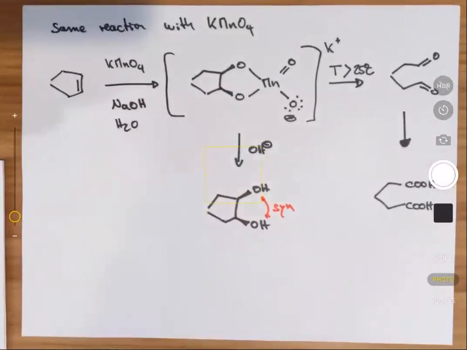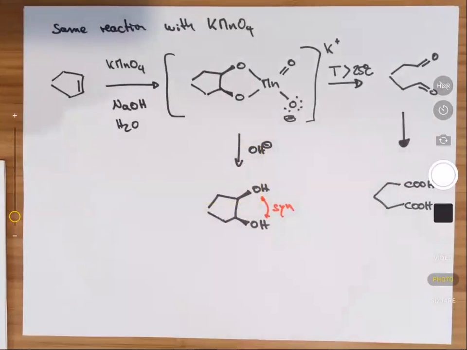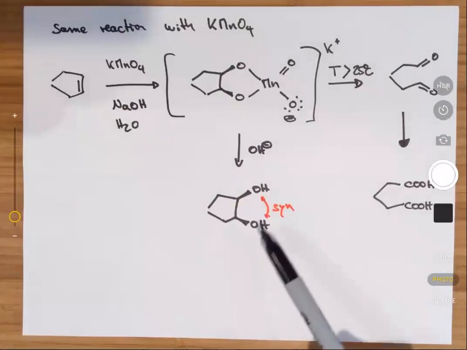All right, so just to complete the story of the geminal, the diols, the syn diols in this case, I just want to talk about one last reagent that basically acts upon diols that look a little bit like this.